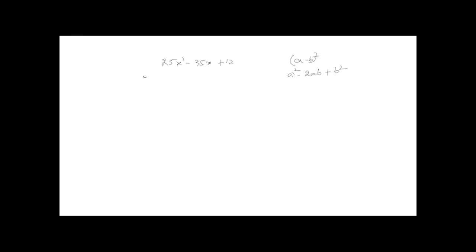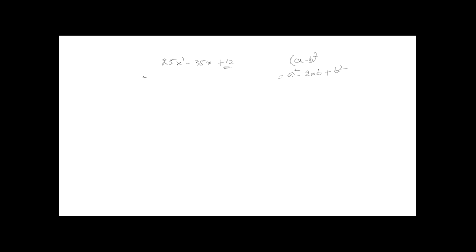Then I can straight away write a minus b whole squared. Now, 25x squared minus 35x plus 12. Is 12 a square number? No, ma'am. So we can't go for a minus b whole squared. We can only do splitting the middle term.